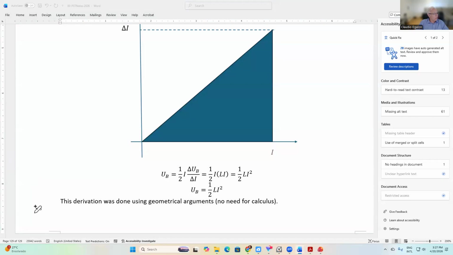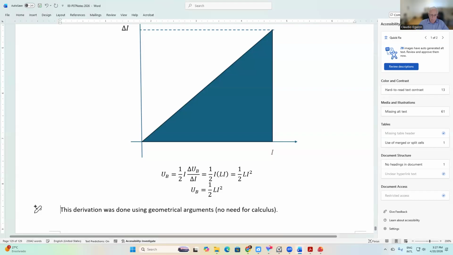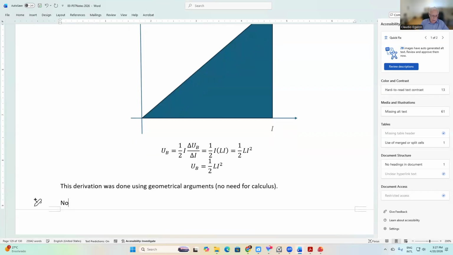Now we are going to continue our derivation to derive the energy density. Now we will derive the energy density stored in the magnetic field.